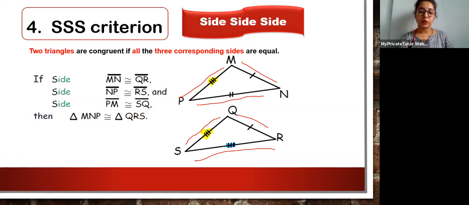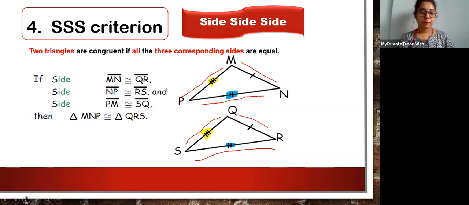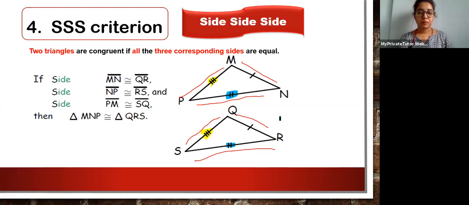The yellow is congruent to the yellow part, the blue is congruent to the blue, and the green is congruent to the green part.